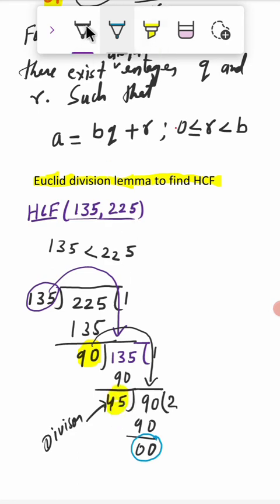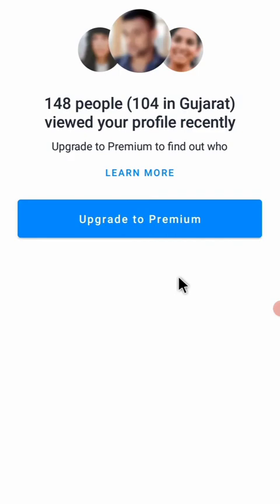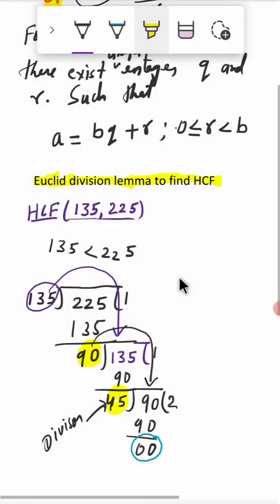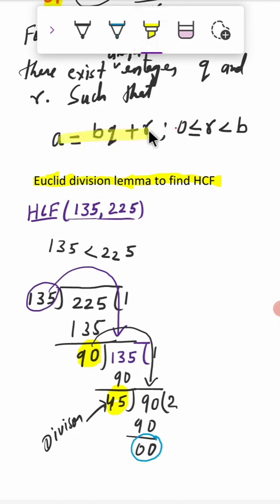Now how we will write it in the form of a is equals to bq plus r. Now we are going to write our steps in the form of a is equals to bq plus r.